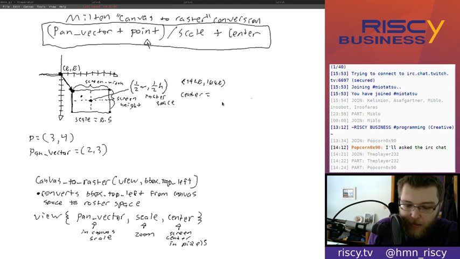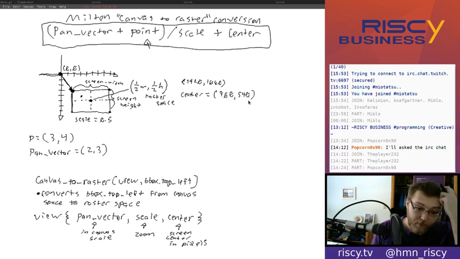So it's going to be 960 by 540. I probably should have picked nicer numbers. It's going to be messy.